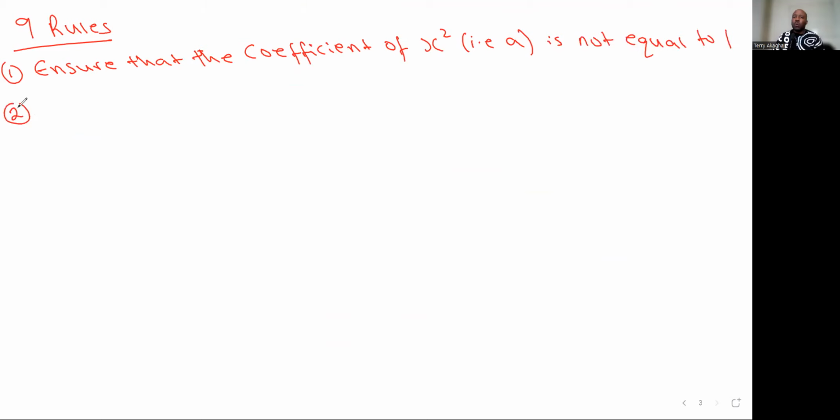Then number 2, once you've found that, you multiply the coefficient of x squared, that is the a, and the constant or independent term, that is the c.